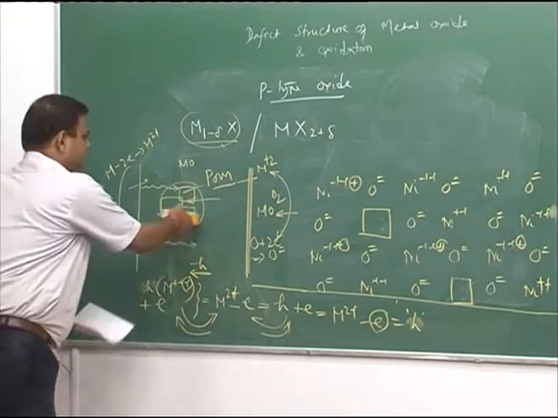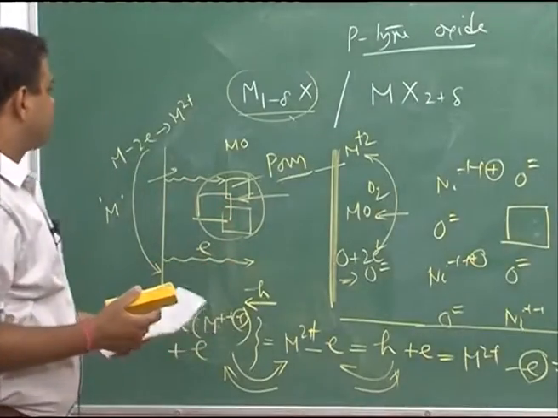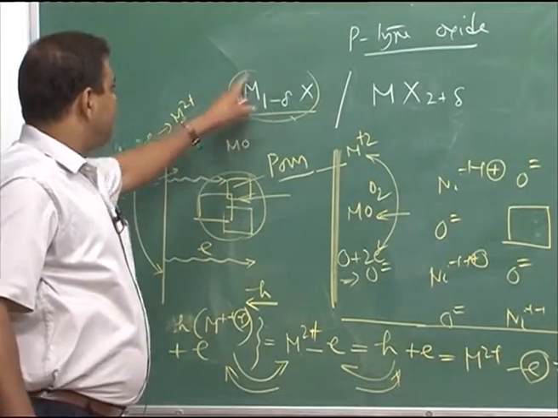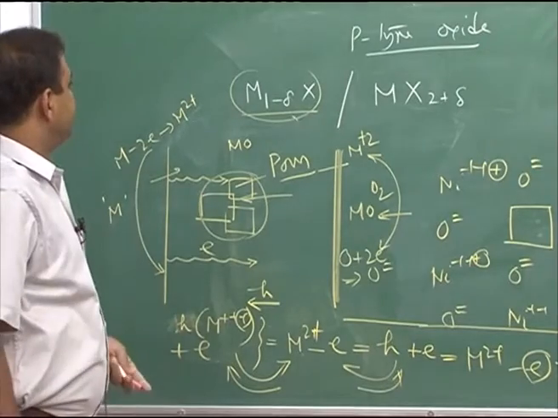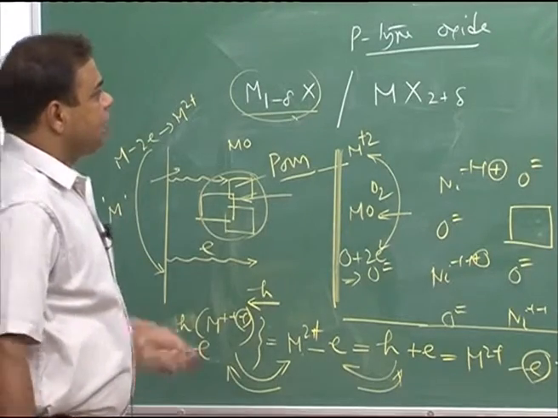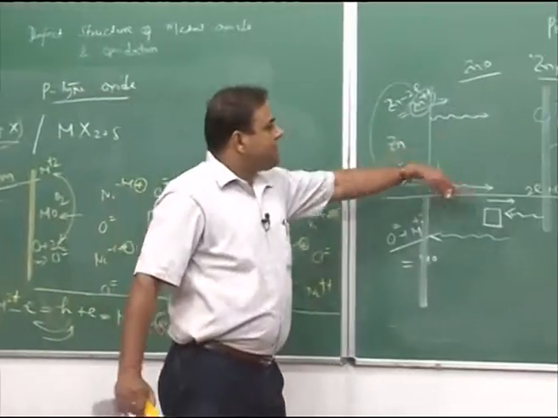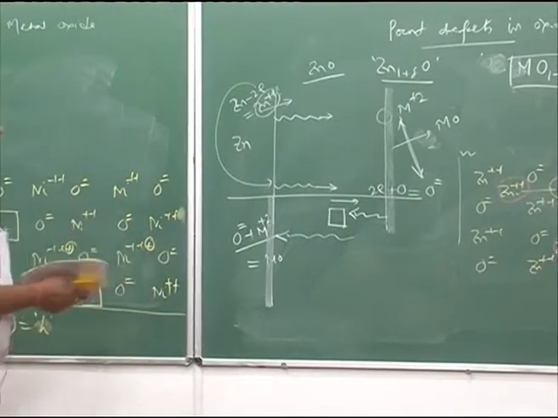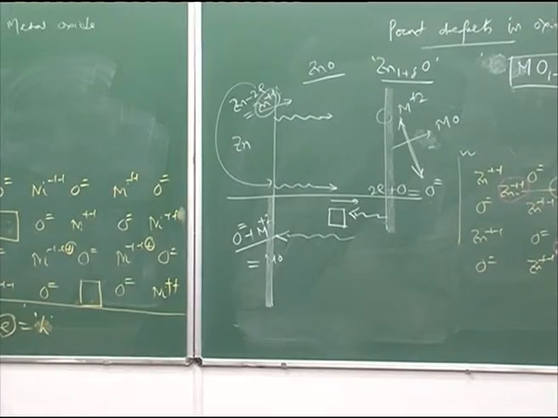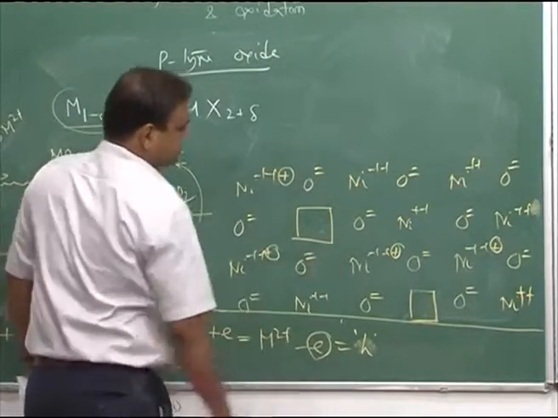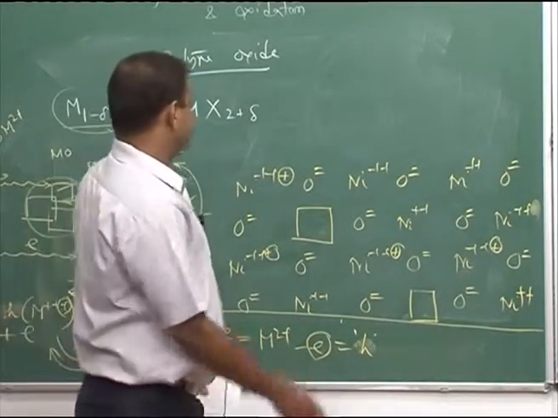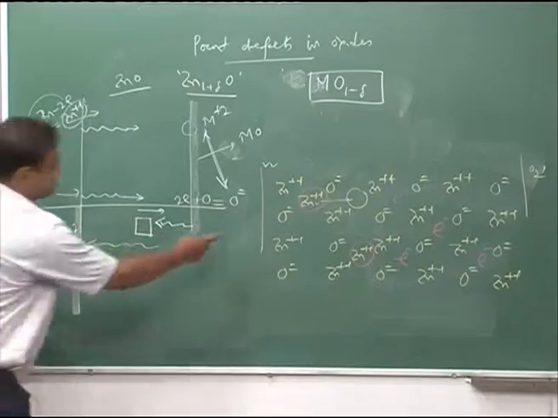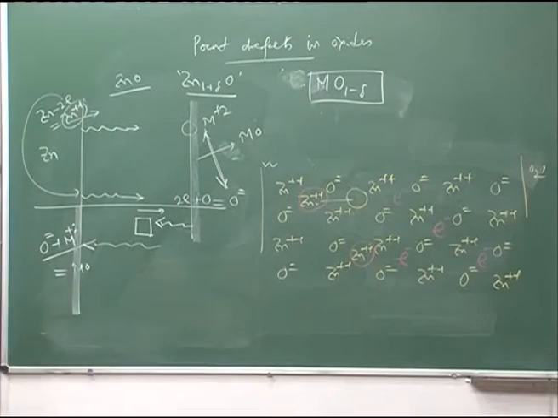So, this is one example of how the oxide growth is taking place in the case of p type oxide, where we have metal cation deficiency, and we have also seen in the case of n type how the oxide growth takes place. Now, we have seen the oxide structure in the case of p type, which is nickel oxide, and in the case of n type, which is zinc oxide.